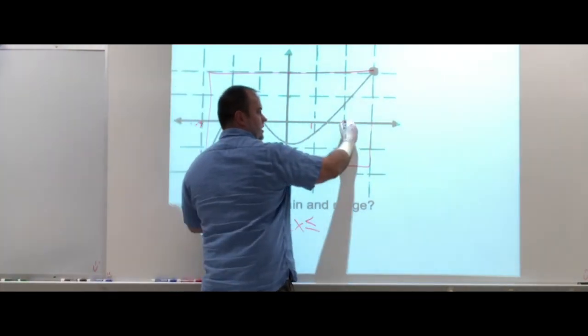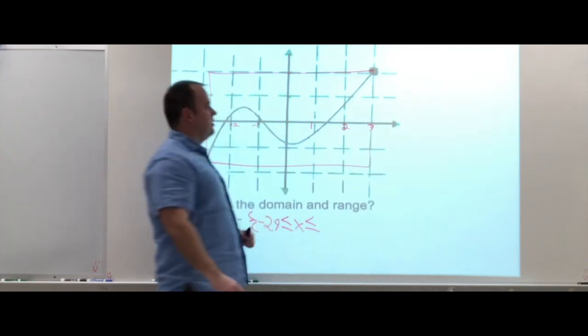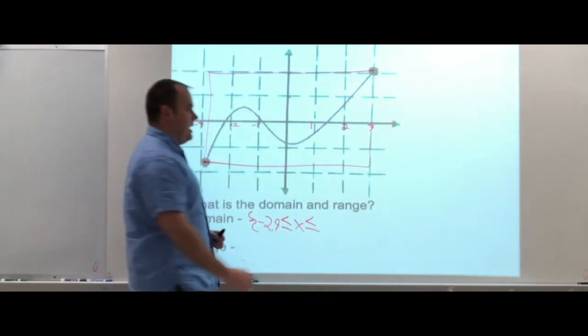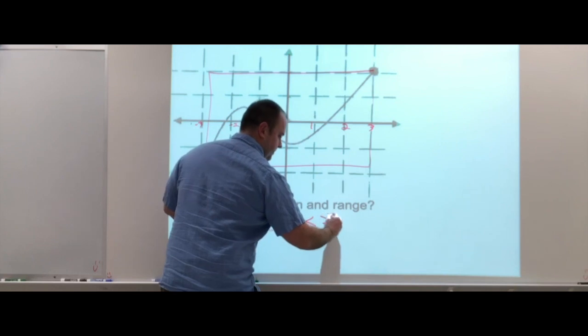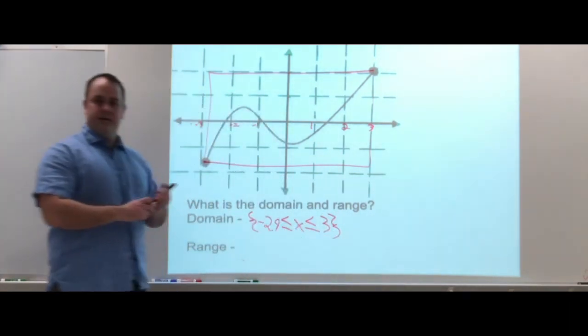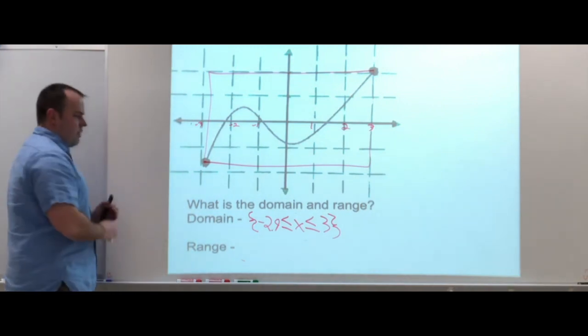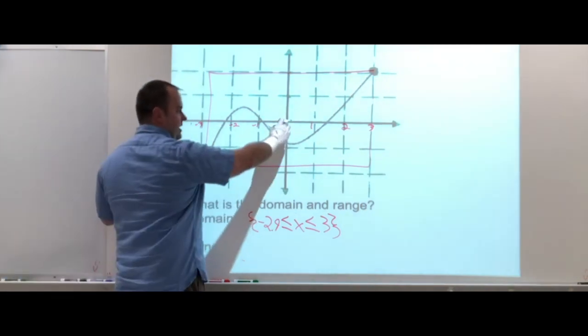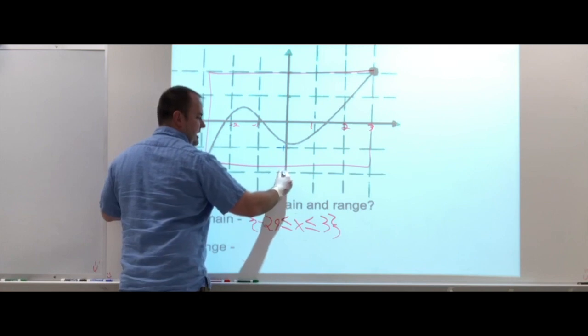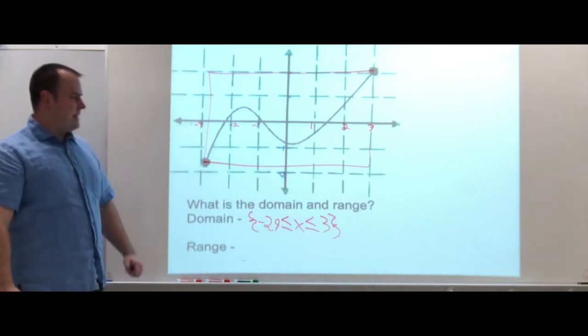We have 1, 2, 3, so it goes to 3. That's right on that line, so I'm going to say 3 for this one. And there's my brackets. Okay, now looking at the range, the lowest value, we have negative 1, negative 2, so again, not exactly down to negative 2.